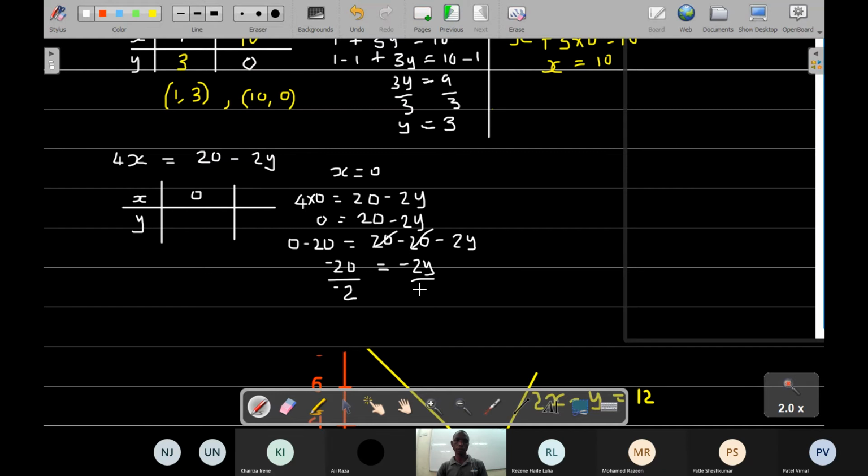So by negative 2, by negative 2. So you'll find that on this side we are going to get y, and it is equal to positive 10.